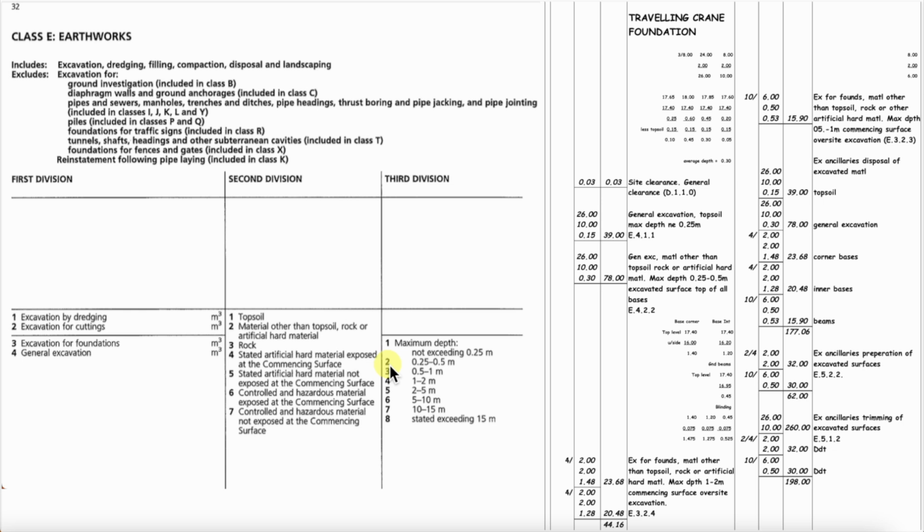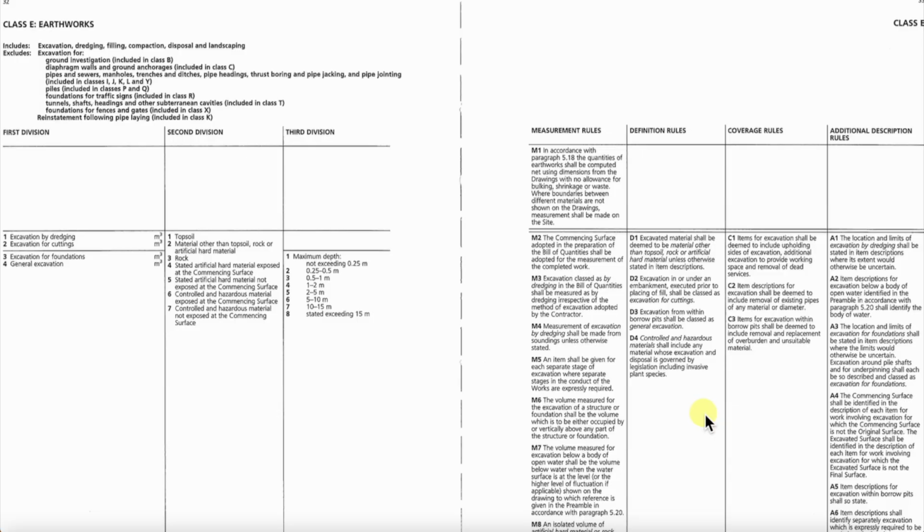Now, one thing that is slightly different, notice here it says excavated surface, top of all bases. So is that necessary? Well, let's just take a quick flip across to the second page of CESMM and have a look and see what we can find.